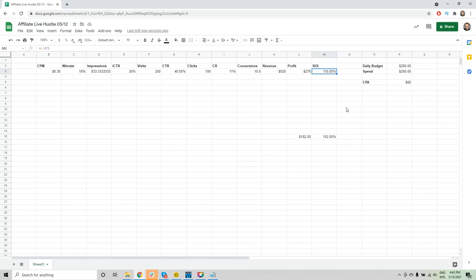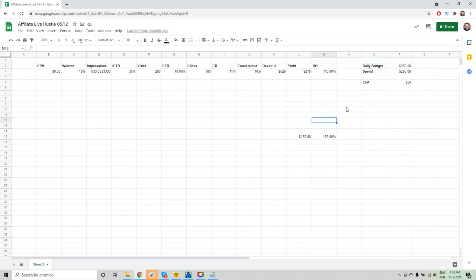But don't fixate yourself on this ROI, because as you see, even during the time where we need to get our spend up to our daily budget, the profit goes up even though the ROI goes down. And personally, I'd rather have more profit and less ROI than the other way around, right? So during that time, make sure you focus on the profit in the end and not on the ROI, especially if your spend goes up, even if your daily budget stays the same.